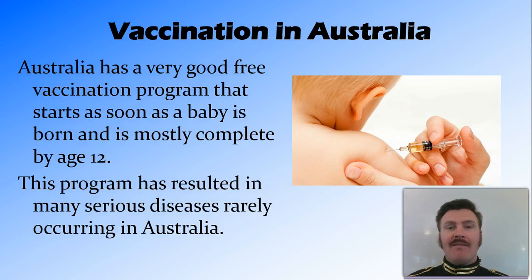And by having this vaccination system in Australia and by making it free, it means that there are a lot of serious diseases that rarely occur in Australia, but do occur in other places in the world where they don't have such a good vaccination system. And there are some diseases around the world that have actually been wiped off the face of the planet, so we no longer have that disease because of vaccinating enough people for it.